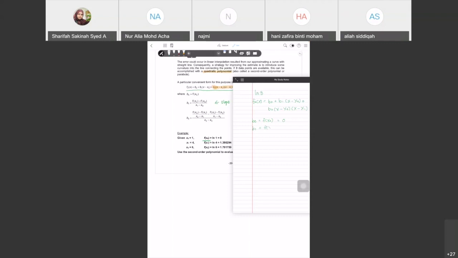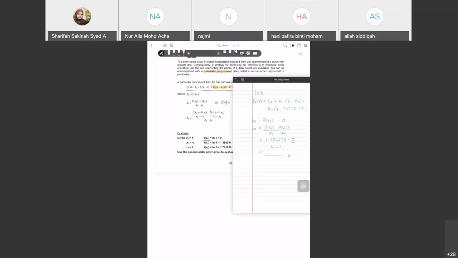So we have f(x1) minus f(x0), and what is the value of f(x1)? 1.3863 minus 0, divided by x1 minus x0. So our x1 is equal to 4, x0 equal to 1. Okay, please use your own calculator and share with me the answer for b1.